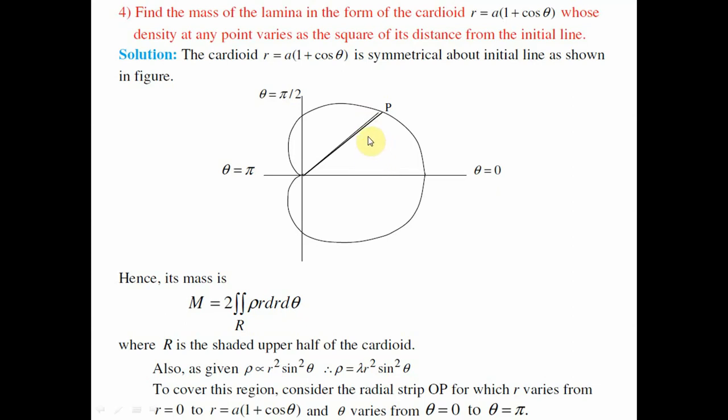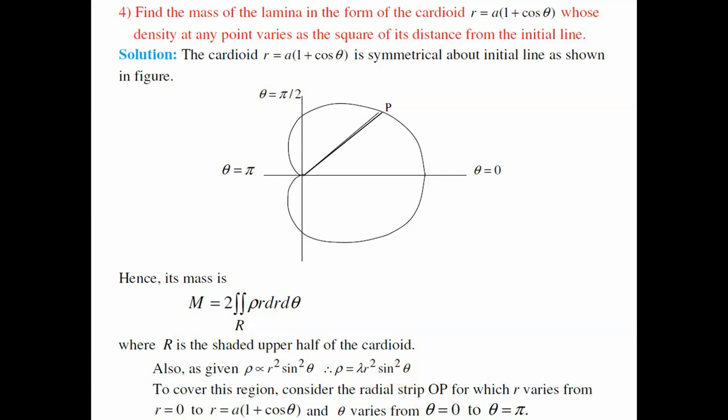If its distance from initial line is y, and in polar coordinate we know that y is r sine theta, and its square is r square sine square theta. So as given, the density varies, means it is directly proportional to the square of distance, that is r square sine square theta. Therefore, by taking lambda as the proportionality constant, we will get rho is equal to lambda into r square sine square theta.